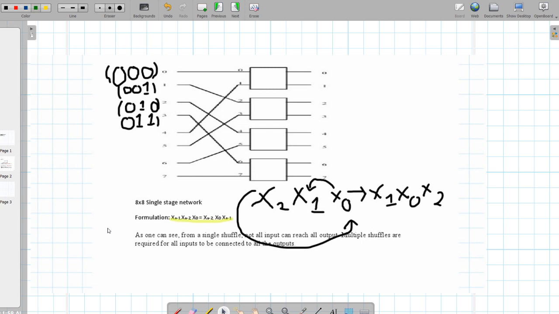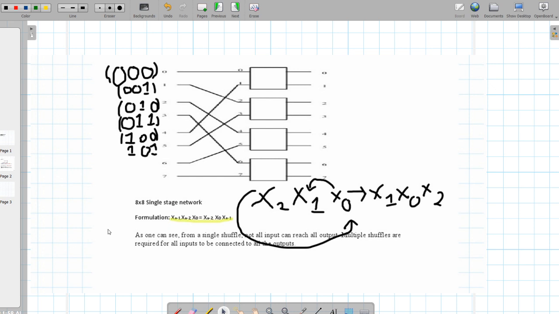The address of the fifth processor is 4, so its binary representation becomes 1, 0, 0. The address of the sixth processor is 5 in decimal format, so its binary representation is 1, 0, 1.